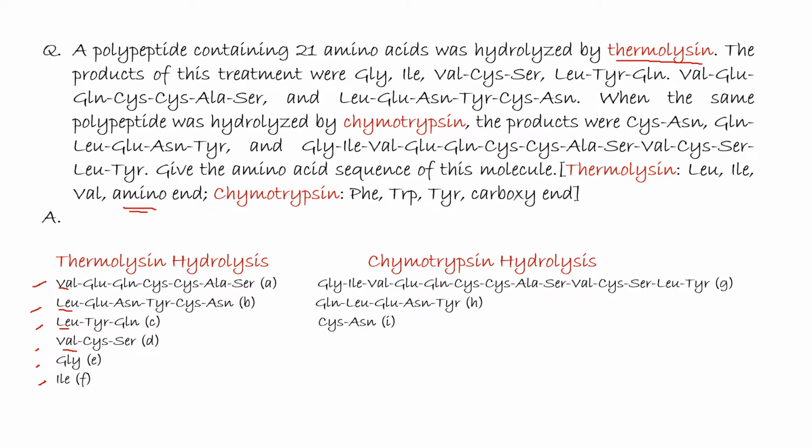Well, and when the same polypeptide was hydrolyzed by chymotrypsin, the products were 3 products here. Okay, remember again, the chymotrypsin hydrolyzes the peptide at phenylalanine, tryptophan, tyrosine at the carboxy end. So these are the carboxy ends.